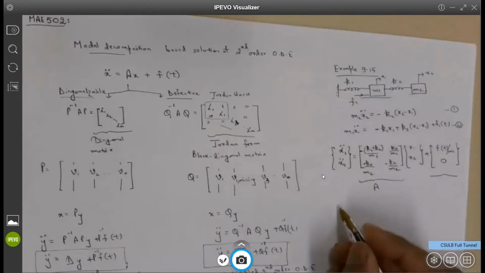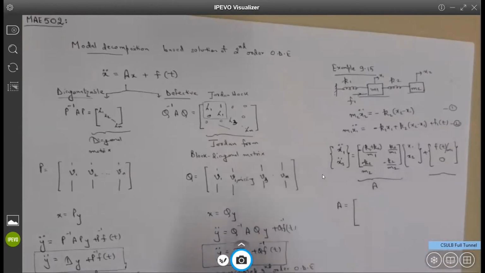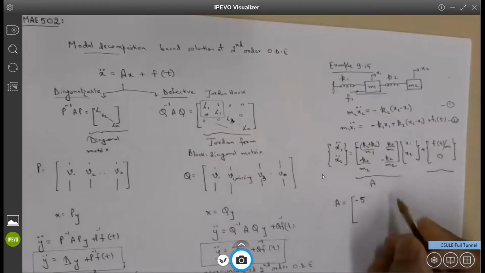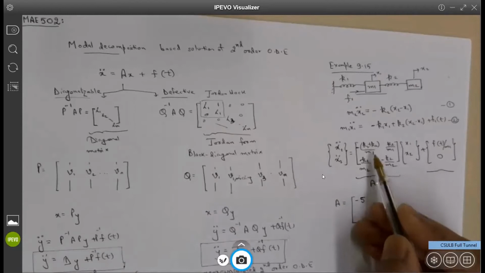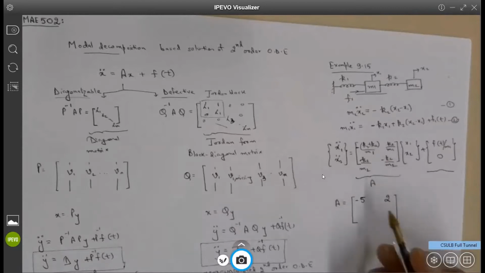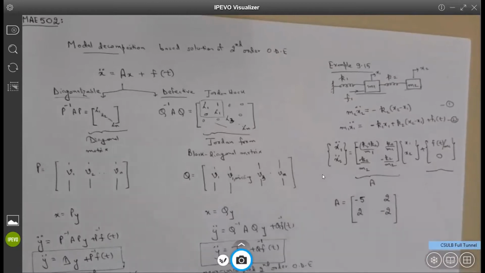The matrix A you are going to get is the same as in your textbook example 9.15, where matrix A is K1 plus K2 divided by M1, and so on. The elements we get here are 2, -2.